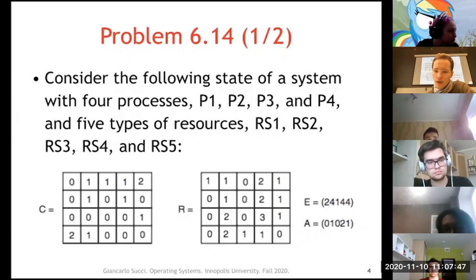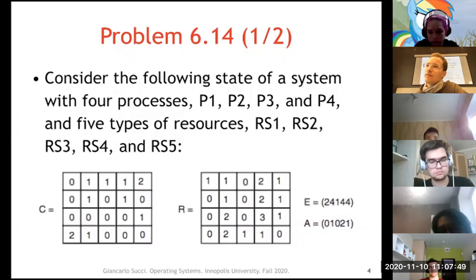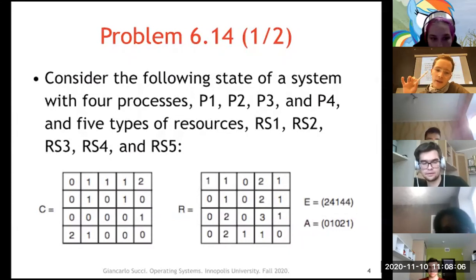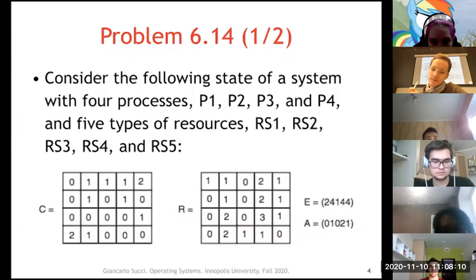So first of all, do you guys remember what is a safe state? In terms of deadlock avoidance, deadlock prevention. A safe state is a state from which there exists a series of scheduling actions that does not lead to deadlock, even if all of the processes request all of the required resources, right?